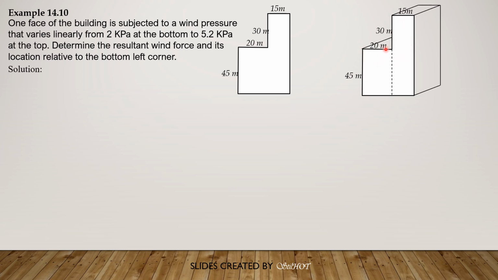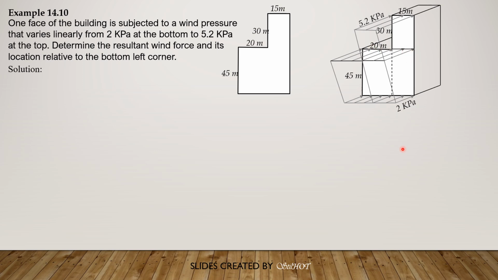So let's divide the areas into two, and there are forces acting on each area, and they are collinear with the vertical line through the center of each area. So this is the wind pressure. So we have 2 kilopascals at the bottom to 5.2 kilopascals at the top, but we don't know yet the pressure at this level here.